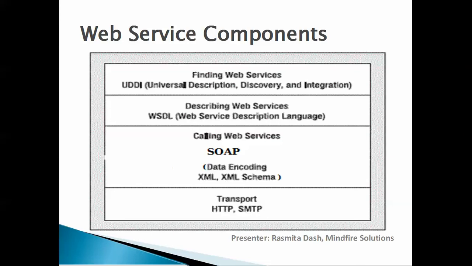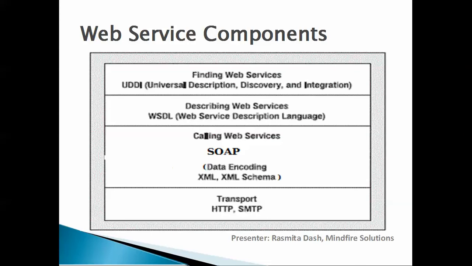UDDI is short for Universal Description, Discovery and Integration. UDDI is a centralized directory where all the web service providing companies list out the references to the WSDL documents of the services that they are providing.